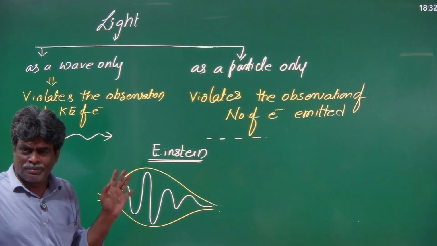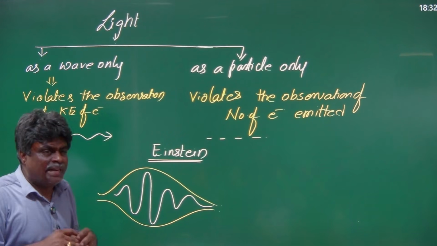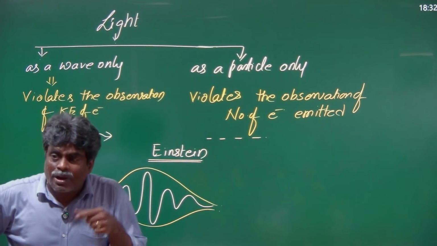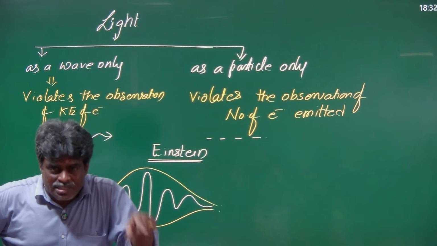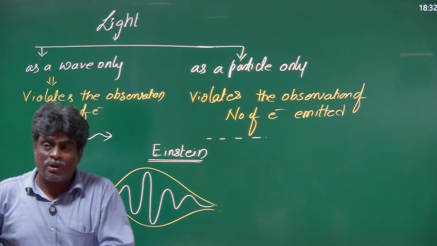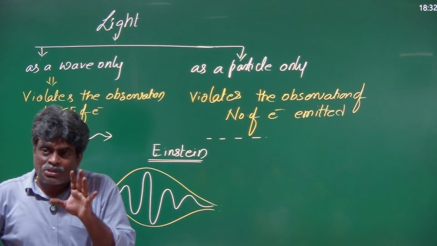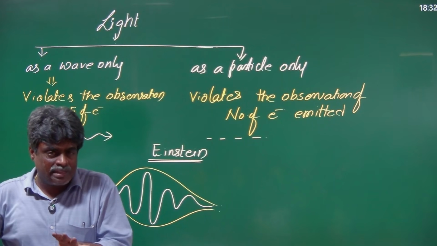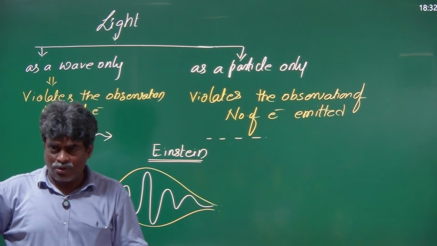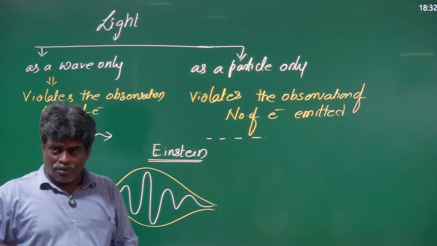It's impossible to identify whether it is behaving like a wave or a particle. If you are observing, you are disturbing the system. Once you disturb the system, the result changes. That's quantum mechanics. Once you have done a measurement in quantum mechanics, the system state will collapse. Say yes or no? Yes, I will tell you a small example.